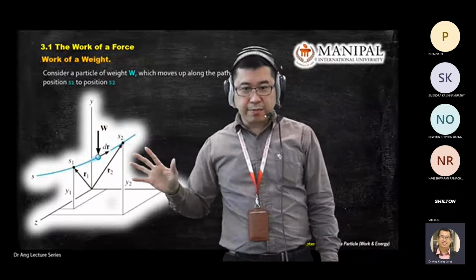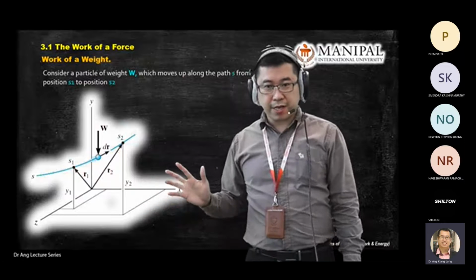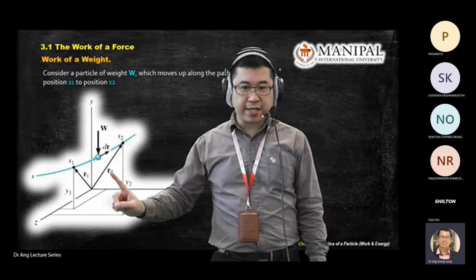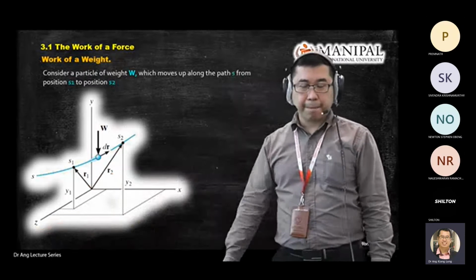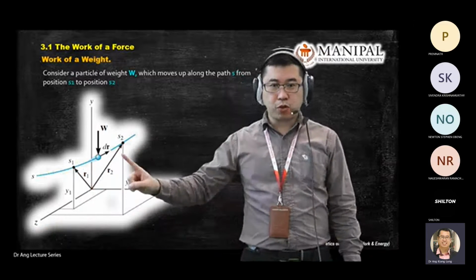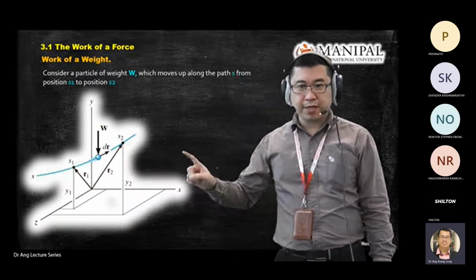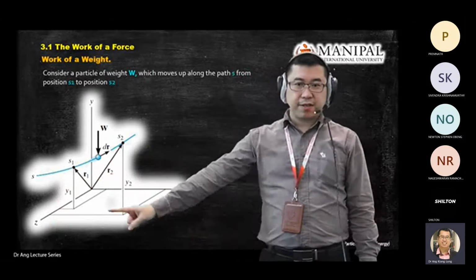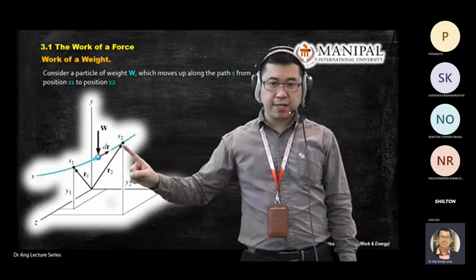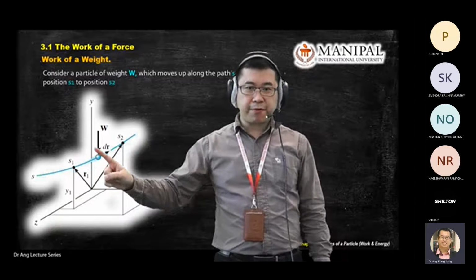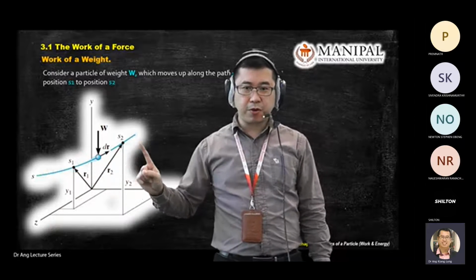So look at this diagram. This is a three-dimensional case where you have X, Y, and Z axes. This object moves from point 1 to point 2 along a pathway, in blue, that is not a straight line, and we focus on point 1 and point 2, before and after.